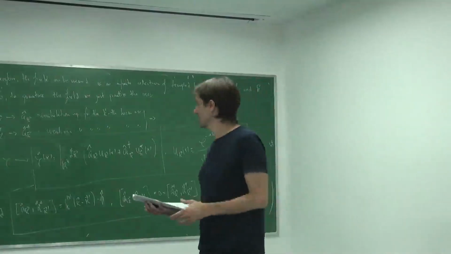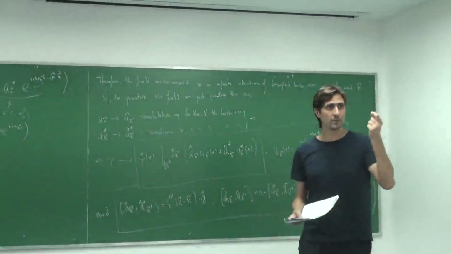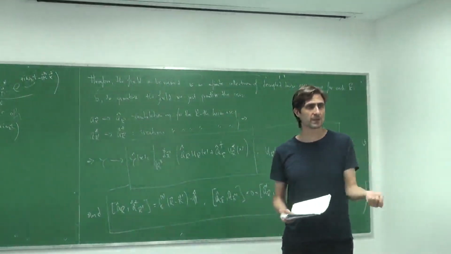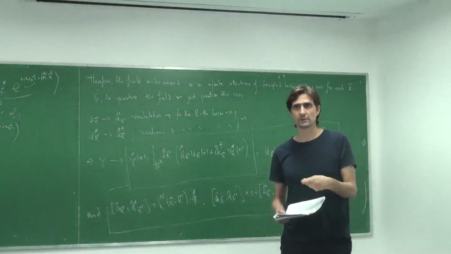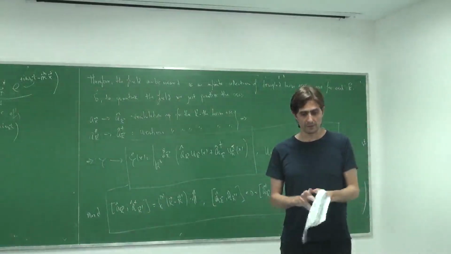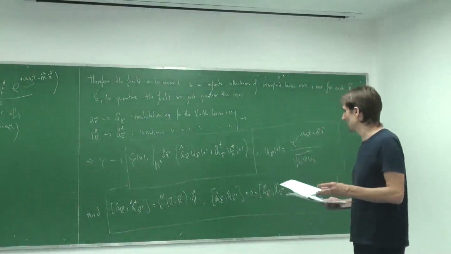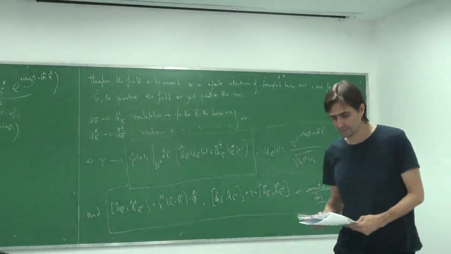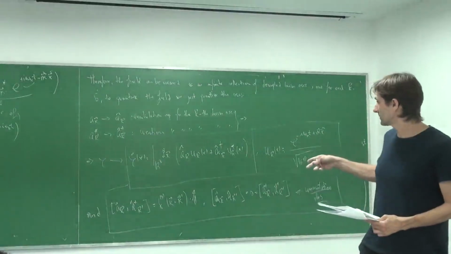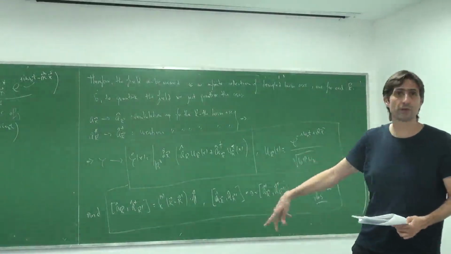So that means if you have an operator and you smear it with a test function, you get a complex value. If you smear this with a test function, you get a distribution.